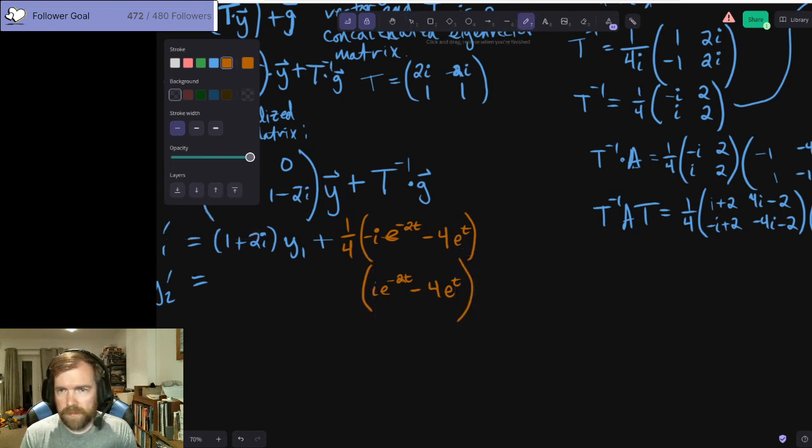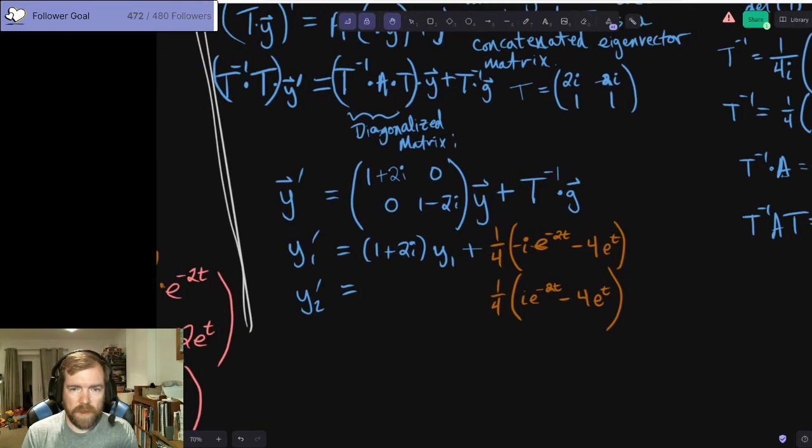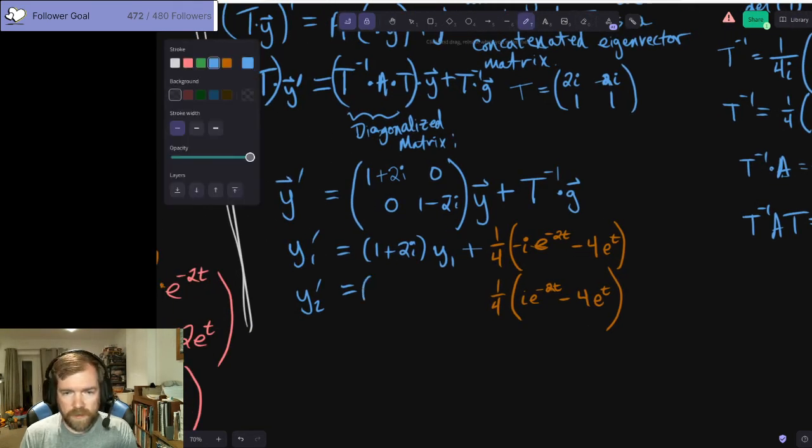And the second equation is going to be 1 minus 2i times y2 plus a quarter of all that stuff we found earlier.